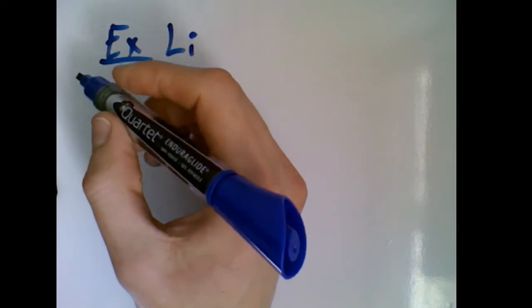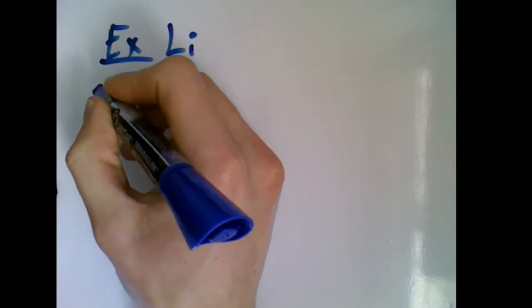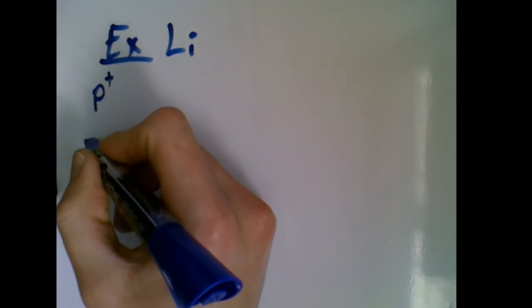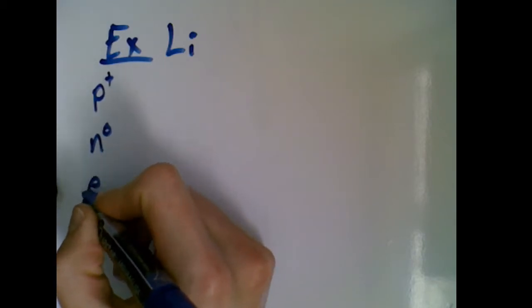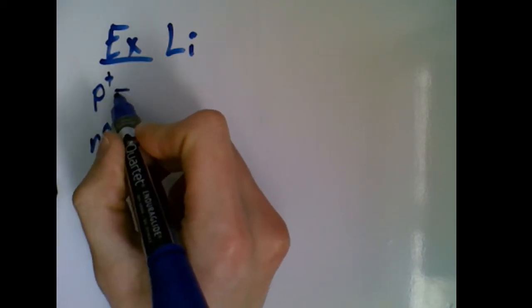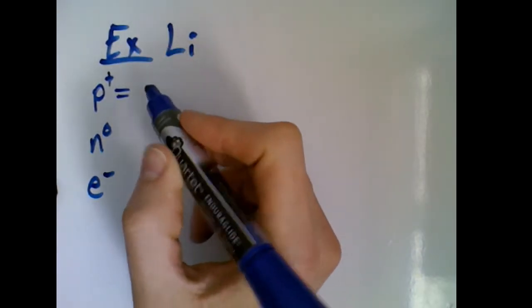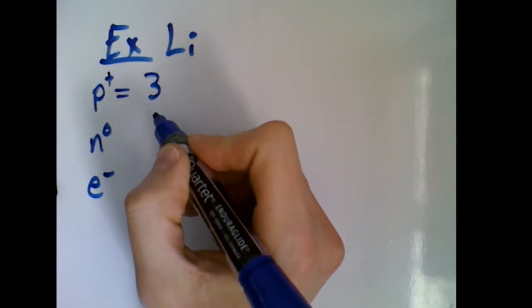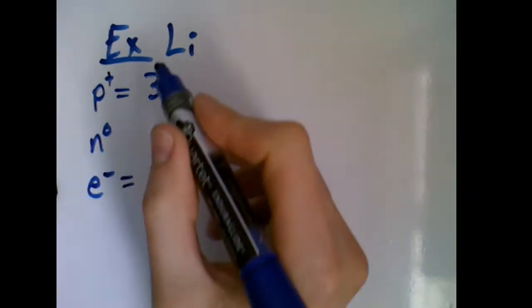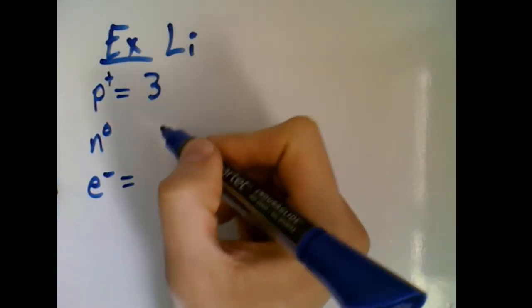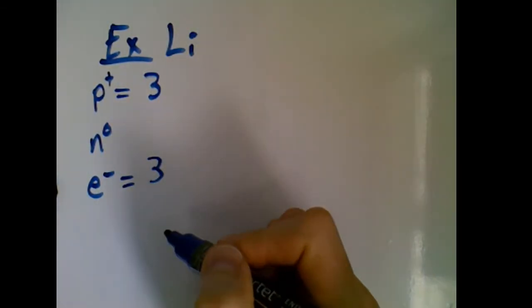First thing we always want to do is find the number of protons, the number of neutrons, and the number of electrons. And so the atomic number for lithium, that's the number that's in the top left-hand corner of that box, is 3. Since this is just lithium and it has no charge, it also has 3 electrons.